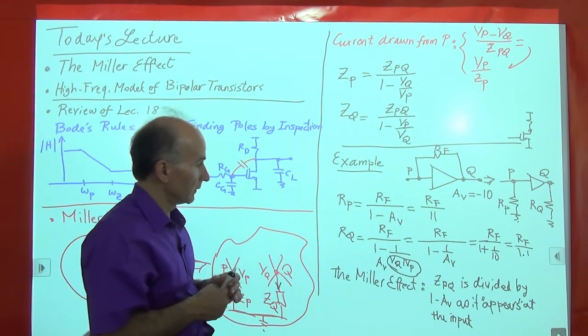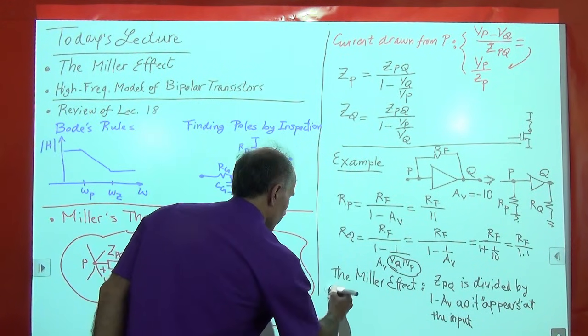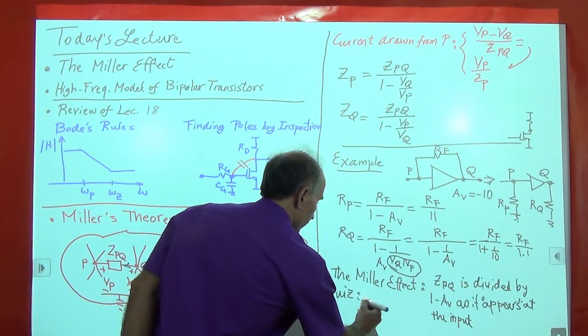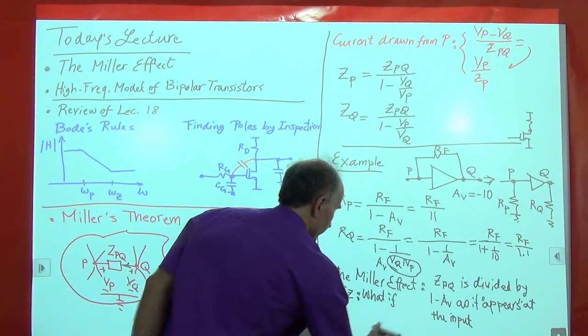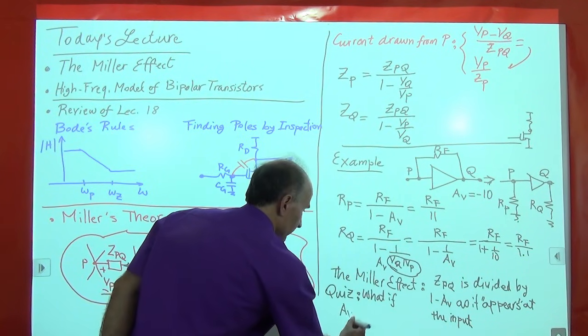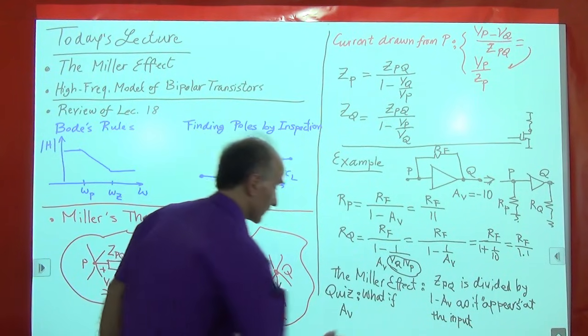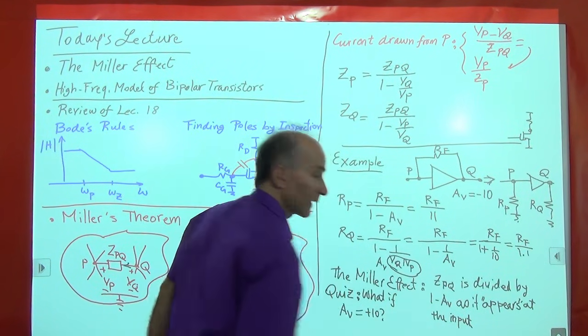All right. Okay, so there's a quiz that I want to give you. I'll just write it here, and I'll give you 1 minute to think about it. What if we buy an amplifier, and the amplifier has a gain of plus 10? Okay, then what happens?